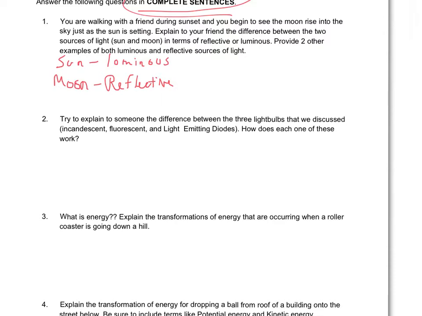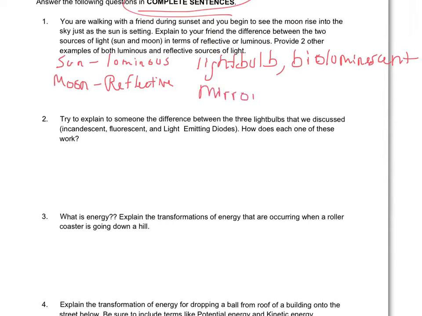So, two other examples of each. We can go with a light bulb for the luminous, or we can go with a bioluminescent being. For something that's reflective, we can go with a mirror.